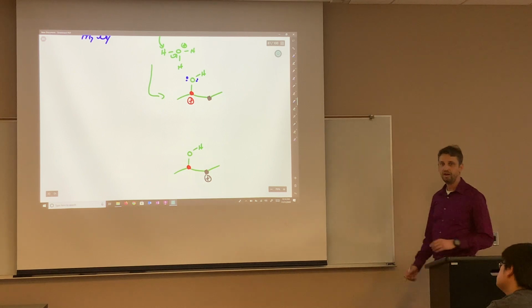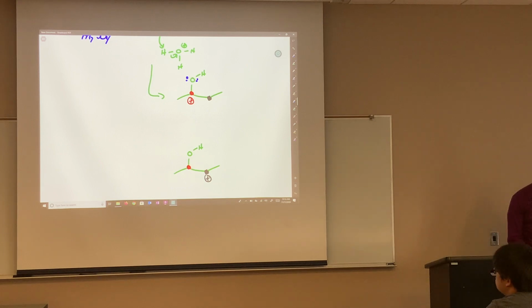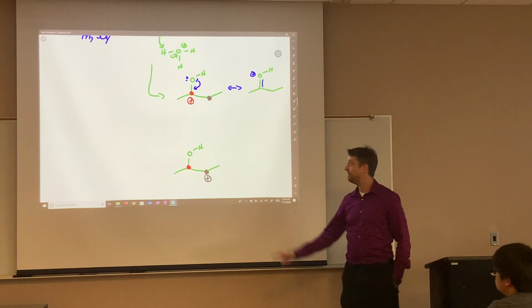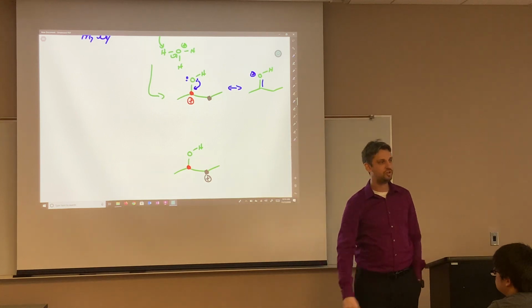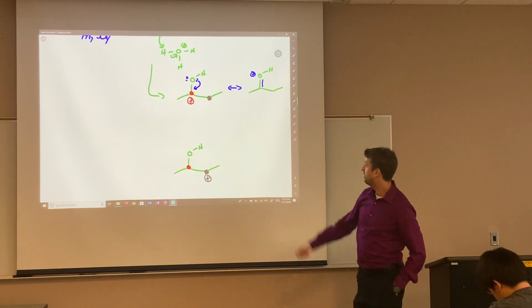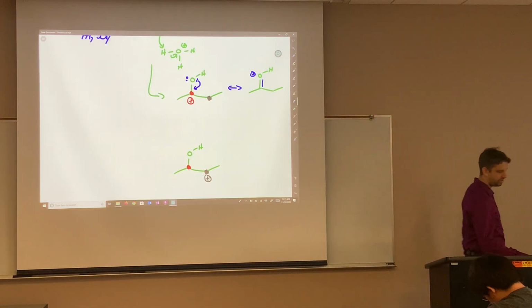we got lone pairs on our oxygen, don't we? Can oxygen draw or make a resonance structure like this? You bet. Right? Is that a resonance stabilized positive charge? Yes. Hey, look what else we made. We made a carbon with a double bond to an oxygen.